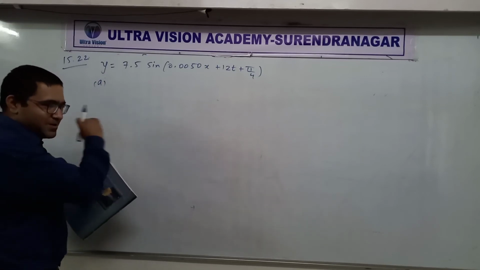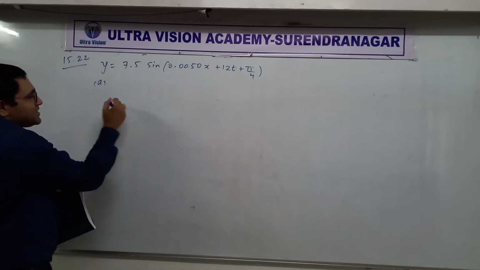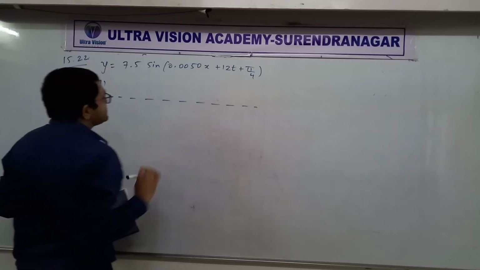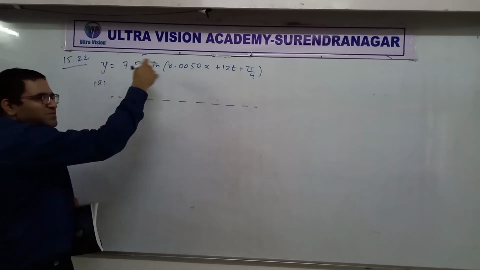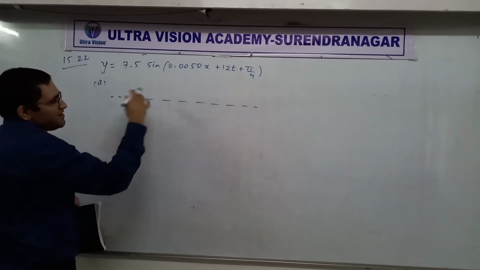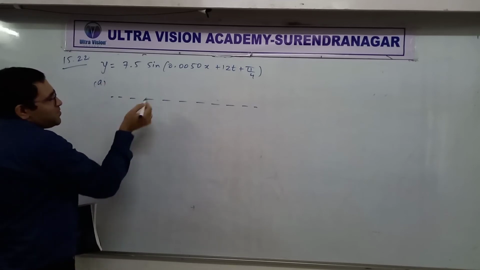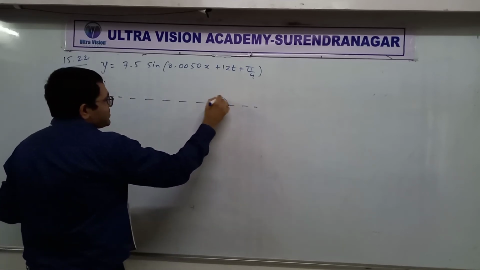Okay, what does this mean? We'll try to draw a diagram so that we understand what's going on. Let's say here is that spring. Let's say this wave was moving towards the left side, no problem. So suppose here is that wave pattern.